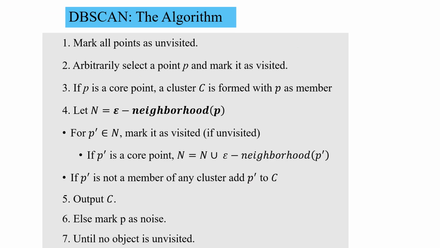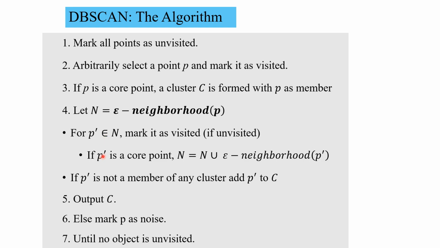So here comes the DBSCAN algorithm. What does it broadly say? That we start with all points which are not yet visited, unvisited. We select a point, mark it as visited or processed. If it is a core point, we form a cluster, including this as member. Then we pick up its neighborhood.